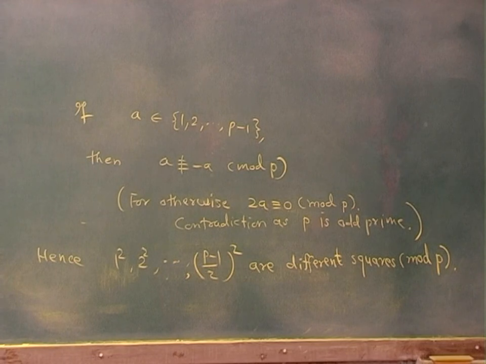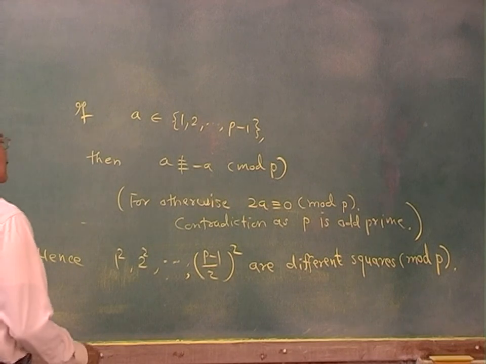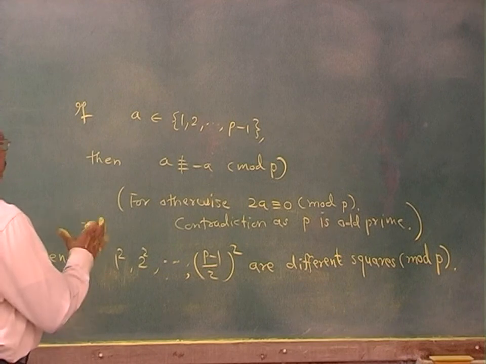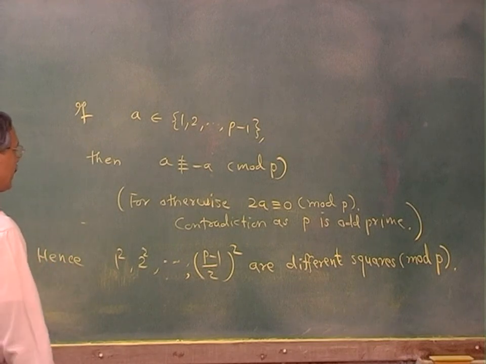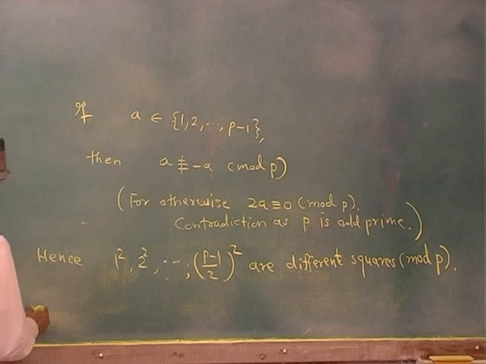That is not possible. These are numbers from 1 to (p minus 1) by 2. So two of them if you add, you cannot get a number divisible by p. So they are distinct. And thus, these are all the squares mod p and exactly half are squares.